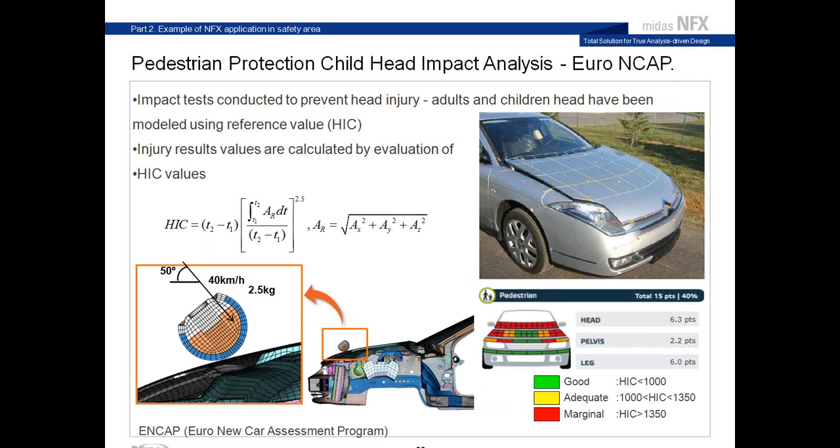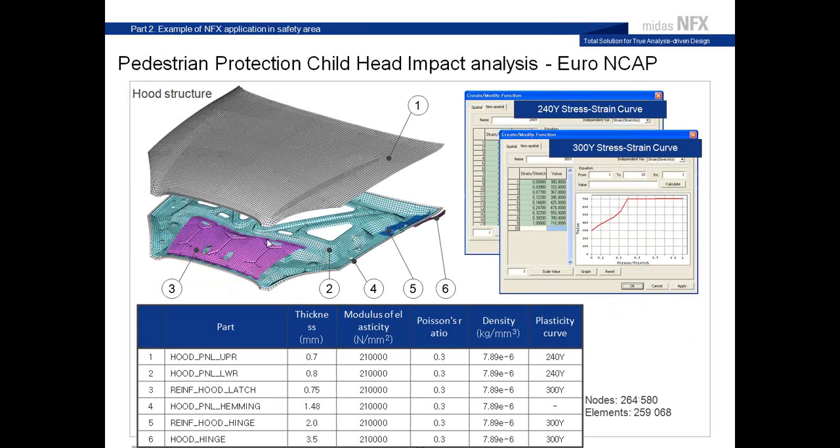Now you have the Pedestrian Protection Child impact analysis. In this case it will be an outside impact of the head on the front part of the car, and we'll use the same factor, HIC, to test that. So this is the model with 6 different parts and different plastic curves.